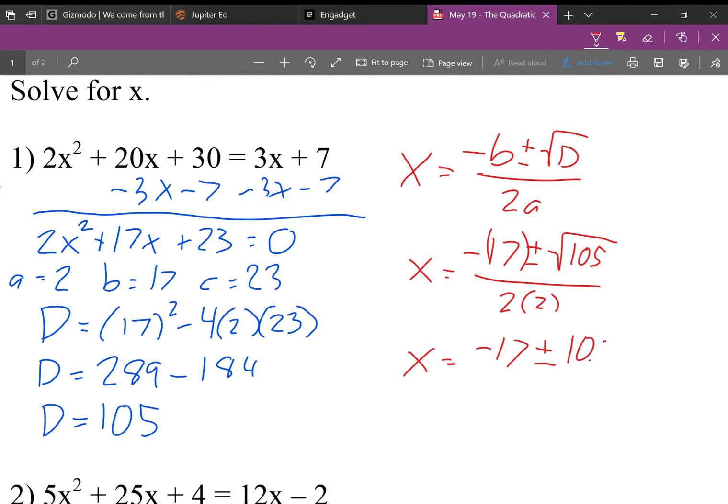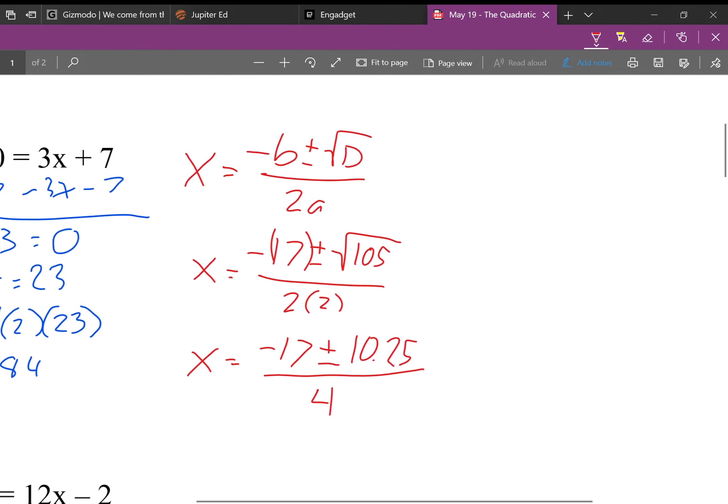And that happens sometimes. In fact, it usually happens. On the bottom, 2 times 2 is 4. And so this is where we're going to split. So I have negative 17 plus or minus 10.25 over 4.